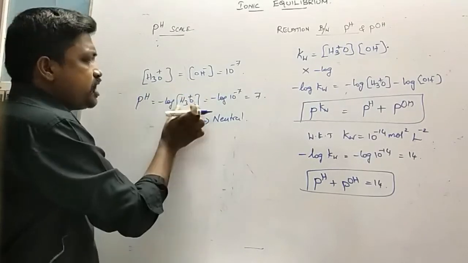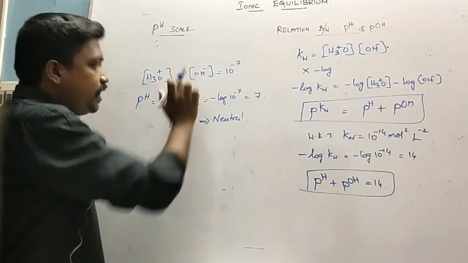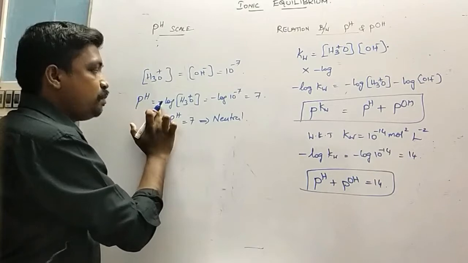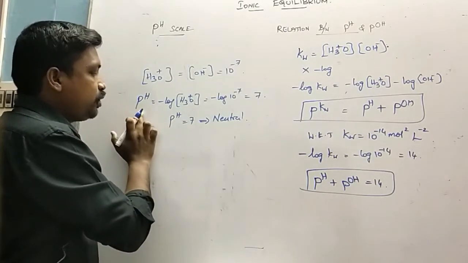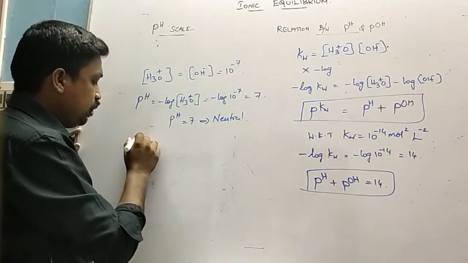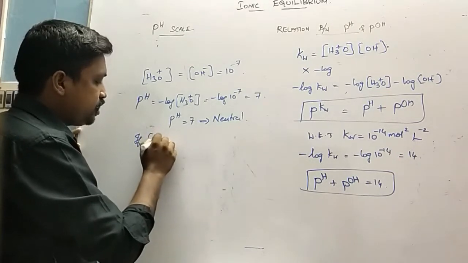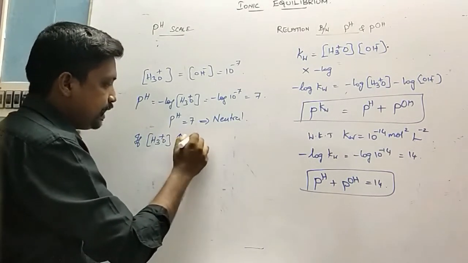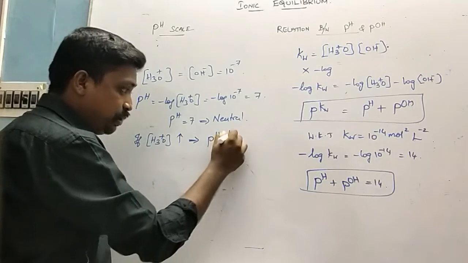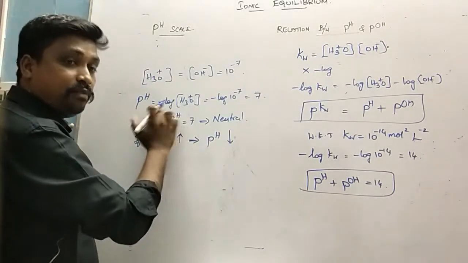If the concentration of H plus increases, see here it is minus log, so what will happen to the pH value? If the concentration of H3O plus increases, the pH value decreases because it is a negative logarithm, right?